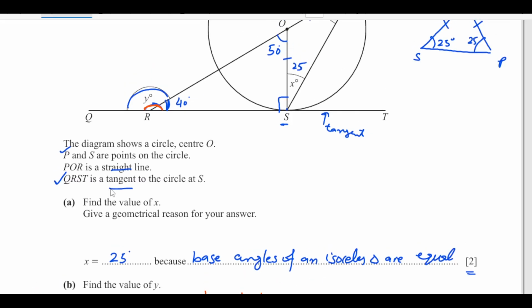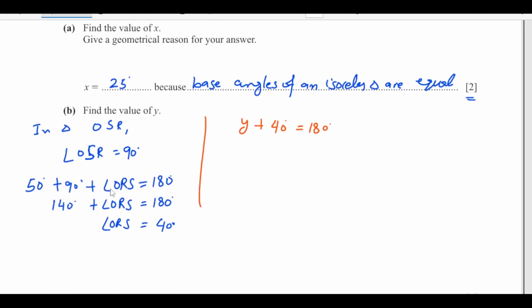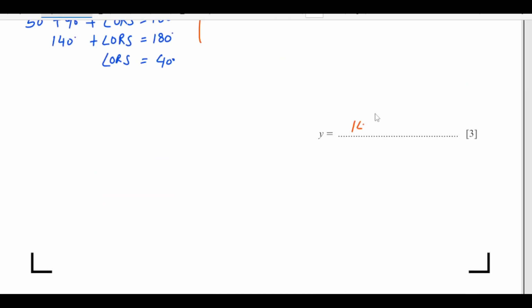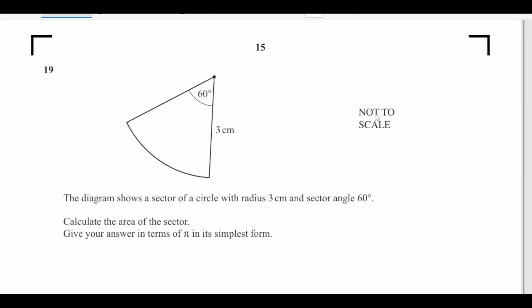So, angles on a straight line are supplementary. So, y is equal to 180 degrees minus 40. So, then we get y is 140 degrees. Okay. So, y is 140 degrees, right. Okay, let us move to the next question.